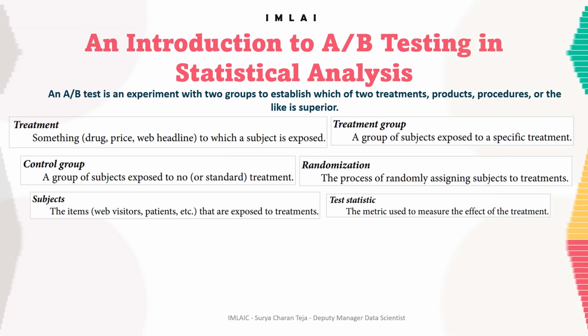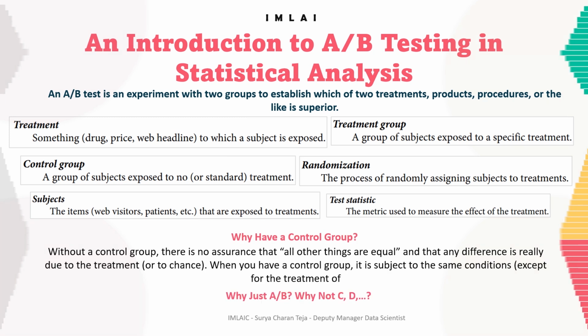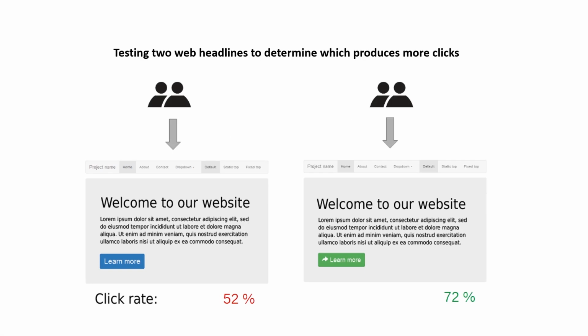A/B tests are common in web design and marketing since results are so readily measured. Some examples of A/B testing include, let me write it down. One example is testing two websites or two web headlines to determine which produces more clicks.